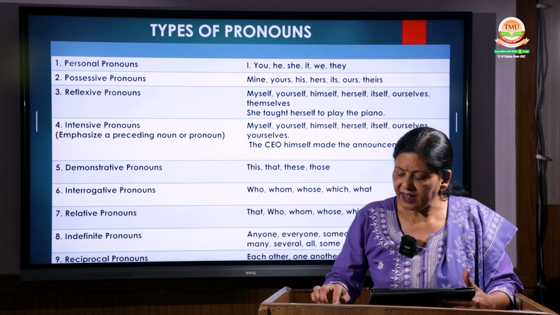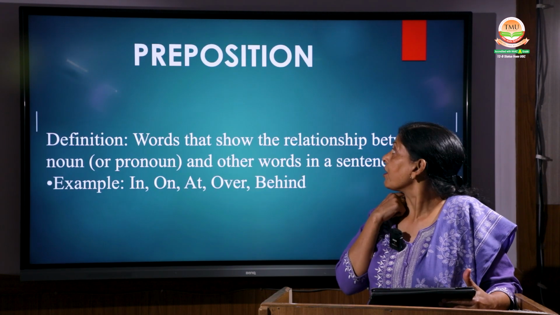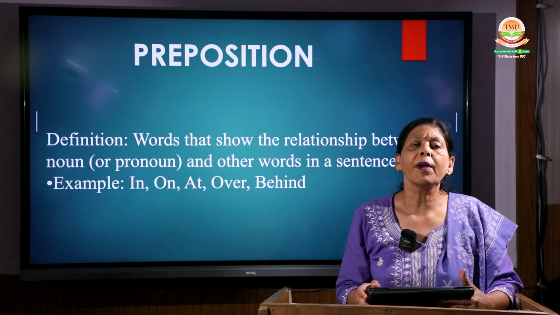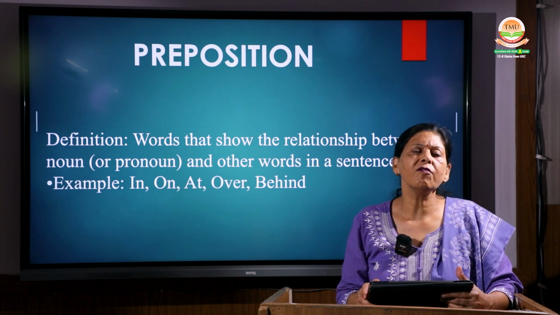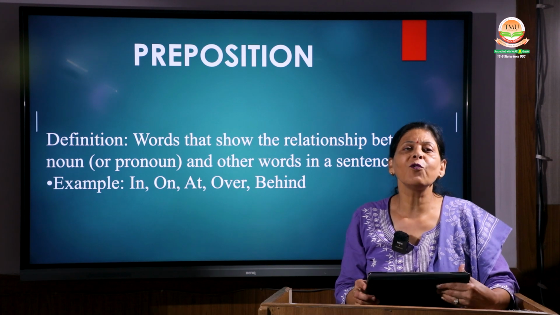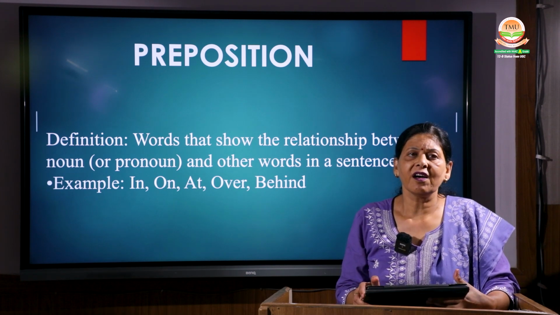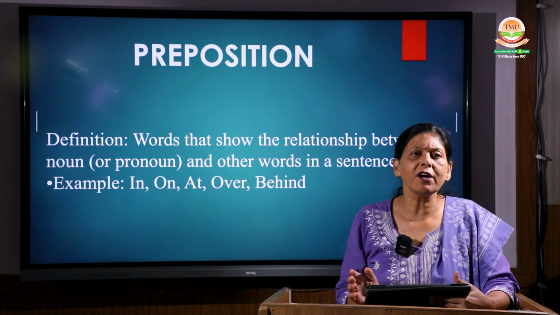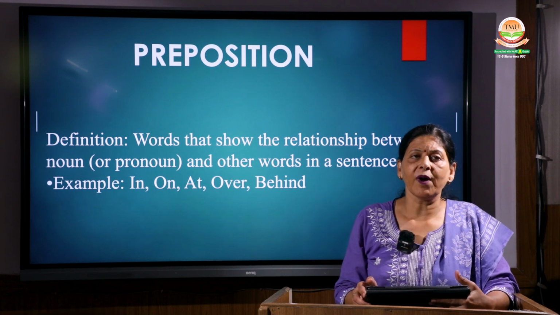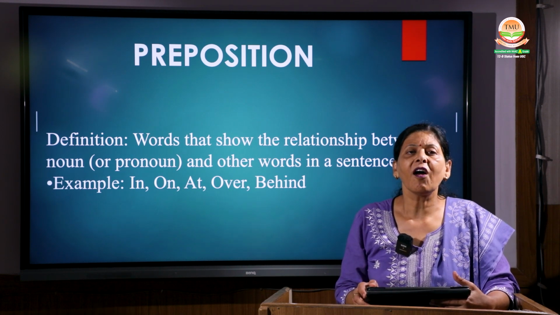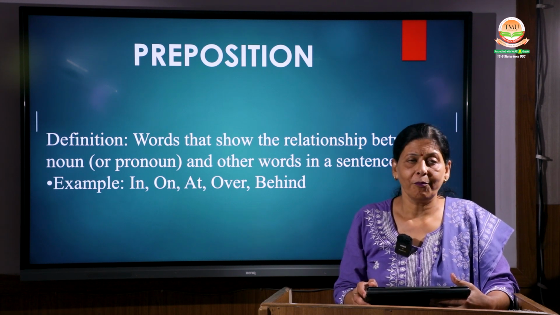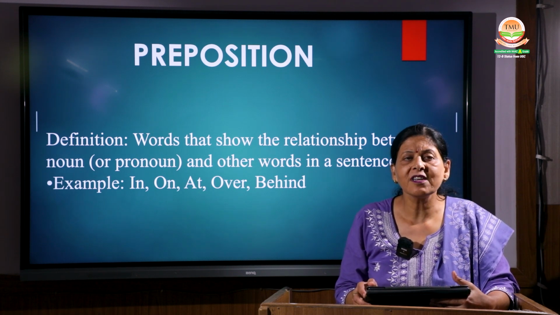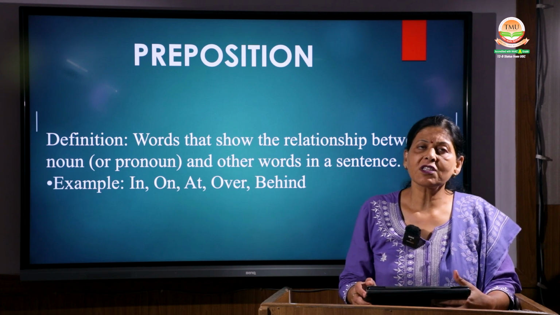Now we come to the next category, that is preposition. Prepositions are very small, very sweet words which cover the English grammar in a very sweet manner. The small words are like in, on, at, off, from, behind, below, beyond, because of, due to.